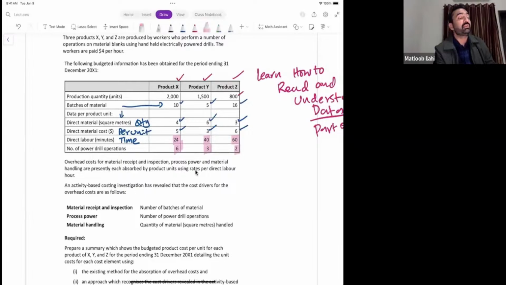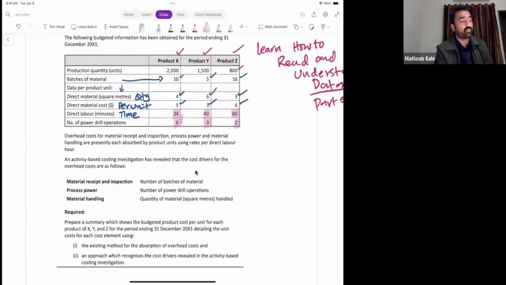Now, overhead costs for material receipt and inspection, process power, and material handling are presently each absorbed by product units using rates per direct labor hour.